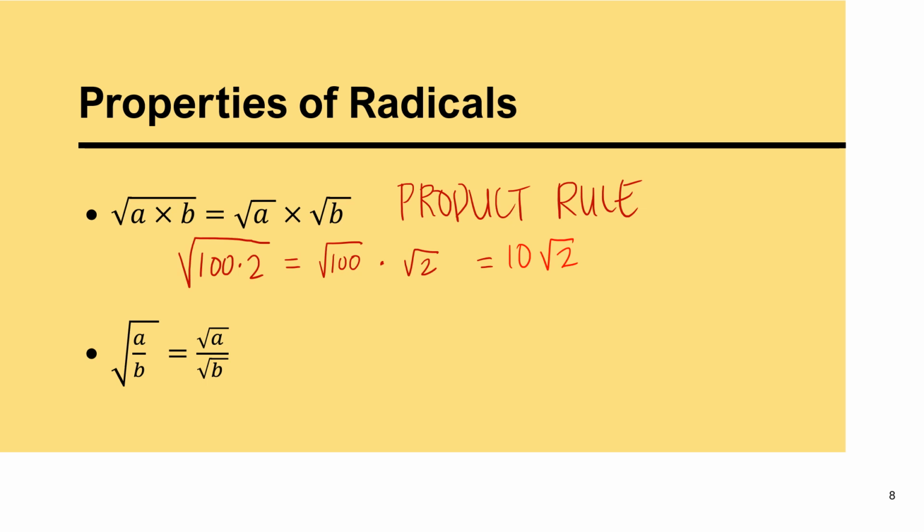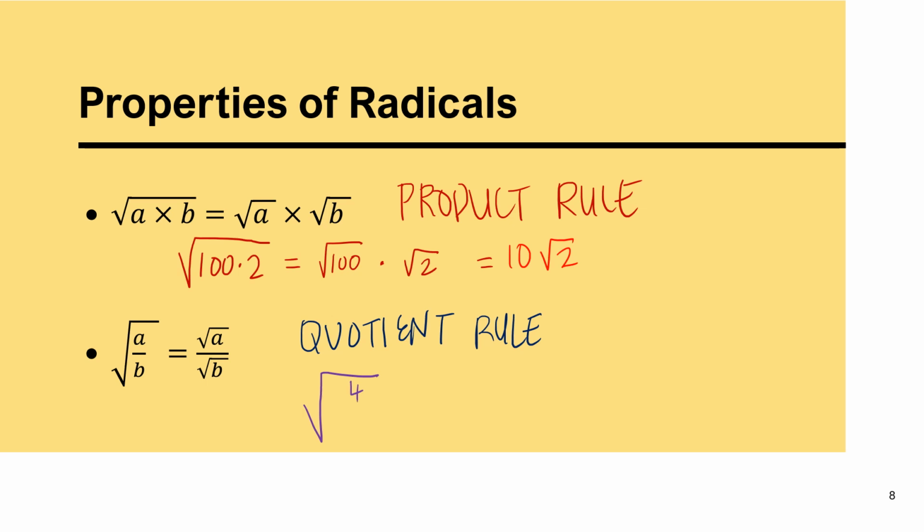This second rule is called the quotient rule. The quotient rule is very similar to the product rule, and it just says that if you have a quotient or a fraction inside of your radical, you can split that up into the square root of the top over the square root of the bottom.